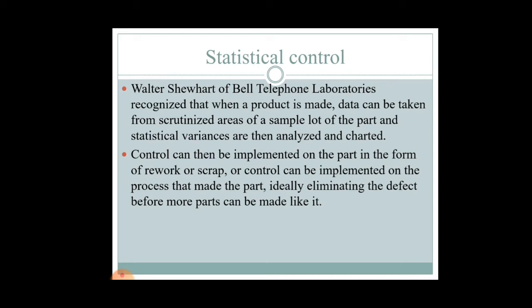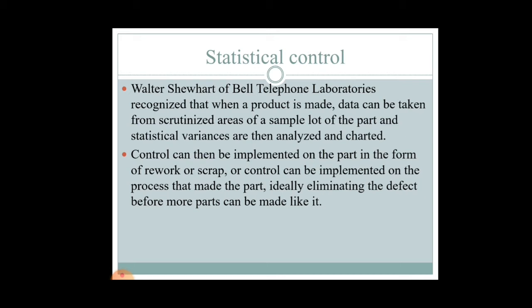Control can then be implemented on the part in the form of rework or scrap. A control can be implemented on the process that made the part, ideally eliminating the defect before more parts can be made like it. Like if I had inspected some product at this time point and we are getting defective products, while at the previous time point I had identified that all the products were of good quality, it means only the product generated between this time gap is under question.